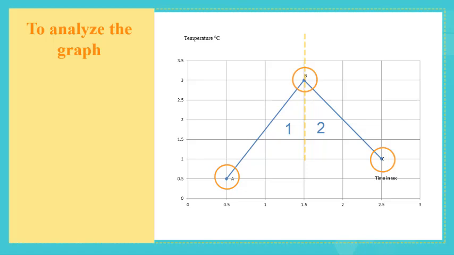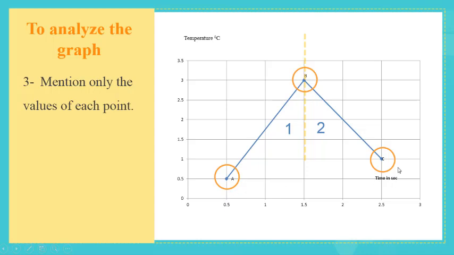Step 3. Mention only the values of each point. What is the coordination of points A, B, and C? As we explained in the previous video, to determine the value of any point, we should draw a perpendicular from this point to the x-axis and another perpendicular to the y-axis. For point A, if we draw a perpendicular to the x-axis, what is the value? 0.5.